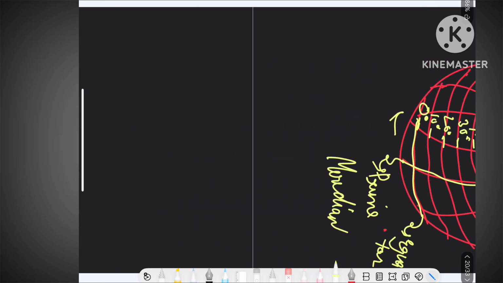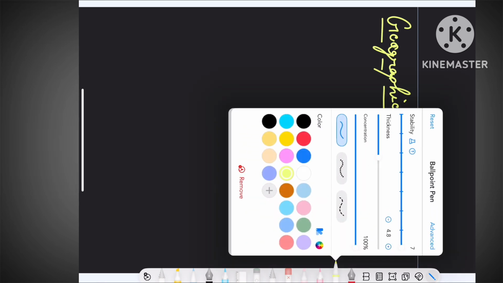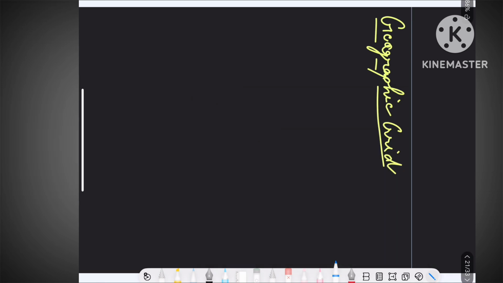So what is the geographic grid? Let us see here. The geographic grid is the network of parallel lines.